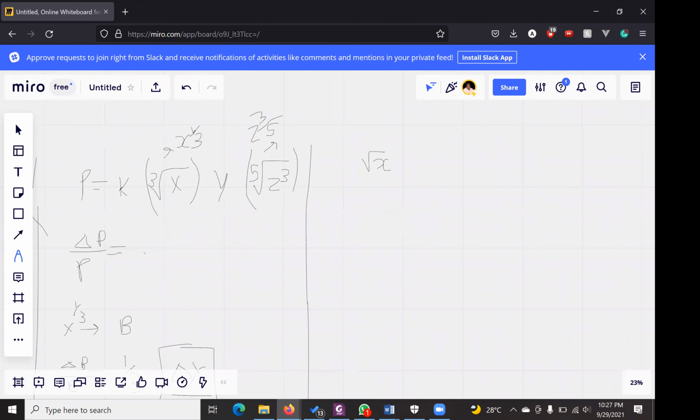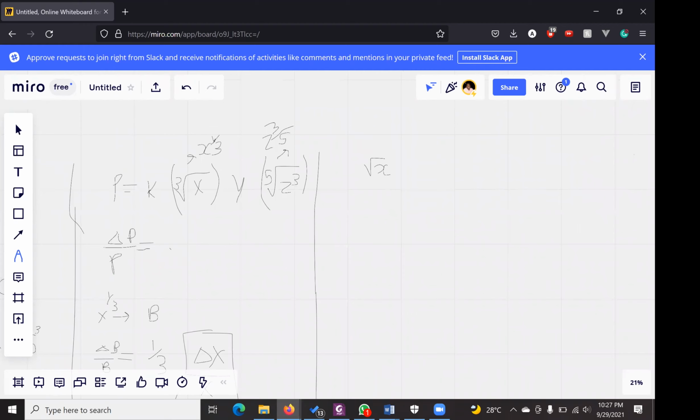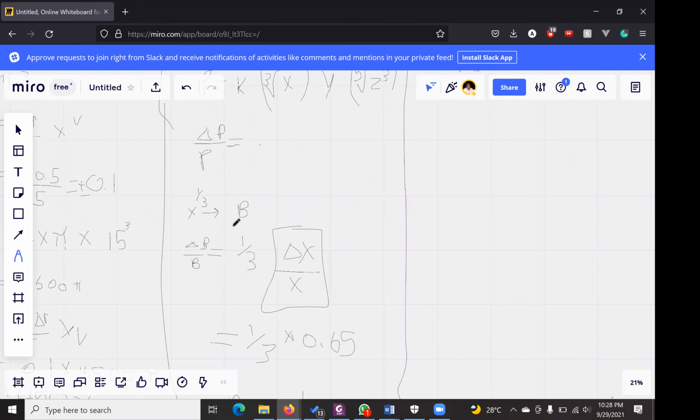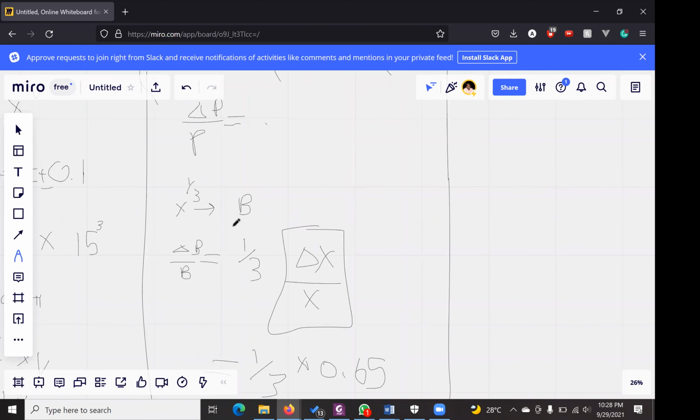Hold on, question. At the top, where you have x to the power 1/3, you want to say B? Is it a formula or just a way to make it easier?